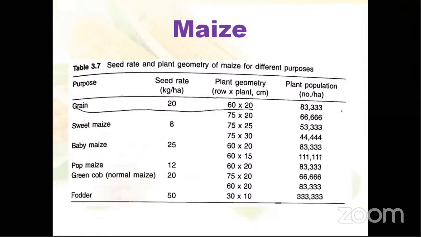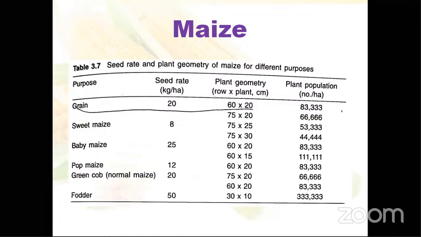The variety of maize, sir. That depends on the purpose. For grain purpose maize, if you want to maintain an optimum plant population of 83,333 plants with spacing of 16 to 20 centimeters, how many kg of seed do you require? 20 kg of seeds is required for grain purpose.